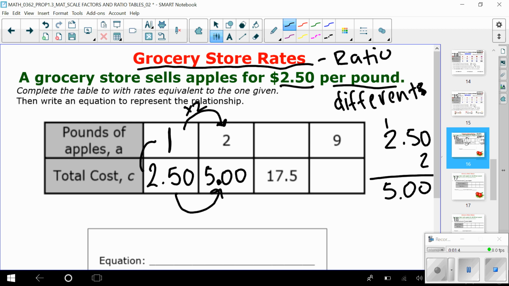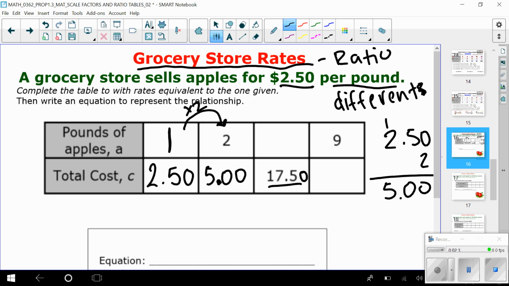Okay. So then I need to figure out this one. So if I know that the total cost is $17.50, right? How many pounds is that? Okay. So one thing that I can do is I can then try to find a relationship from here. So I could try to find a relationship within, because I think that's going to help me out a little bit.